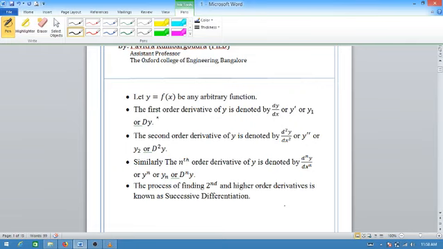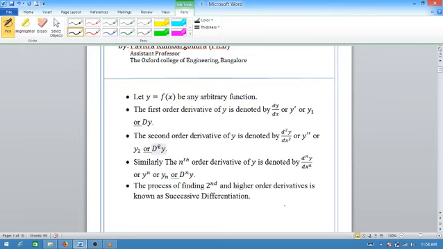If I differentiate the first order derivative again with respect to x, you will get the second order derivative of y, which is denoted by d square y by dx square or y double dash or y2 or D square y. Similarly, if I differentiate the n minus 1th order derivative of y one more time, you will get the nth order derivative of y with respect to x, and it is denoted by d^n y by dx^n or yn or D^n y.